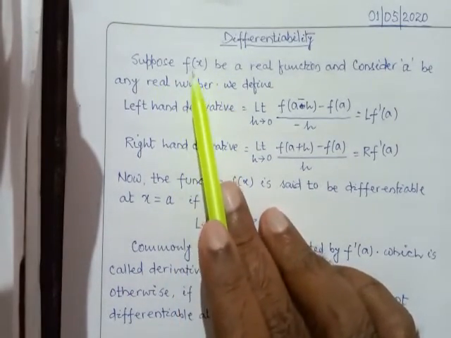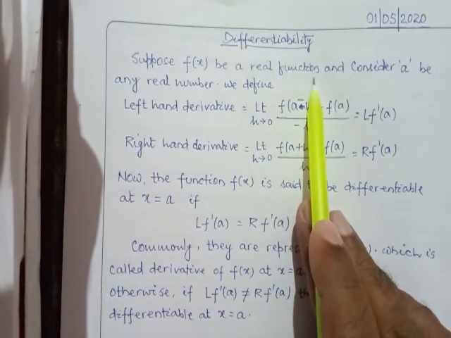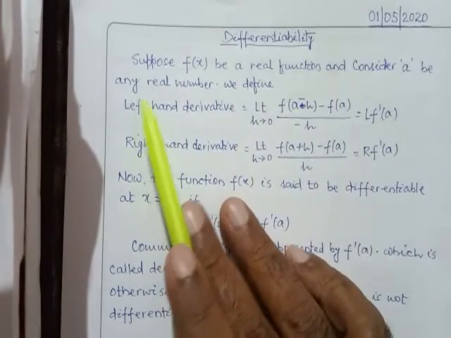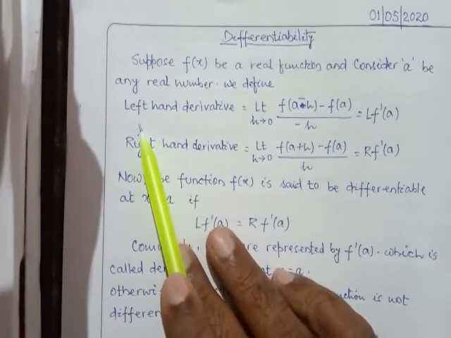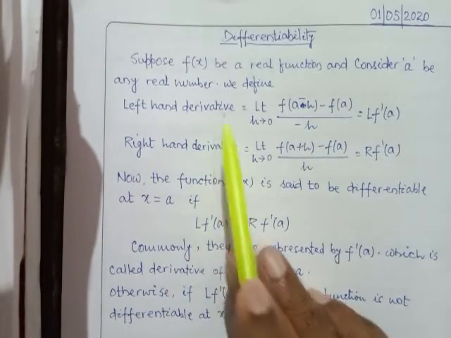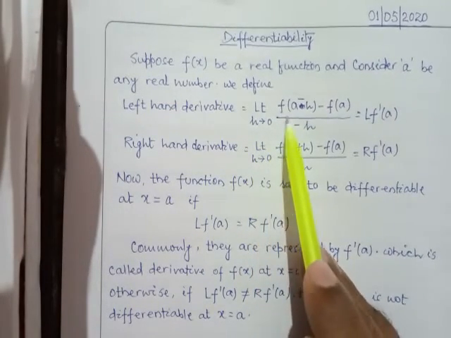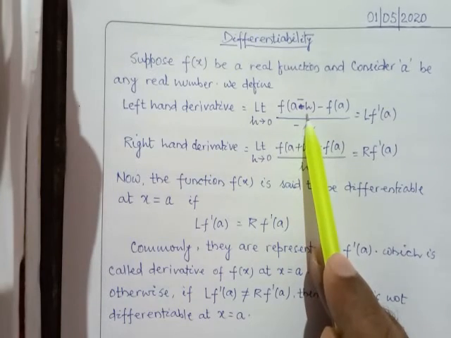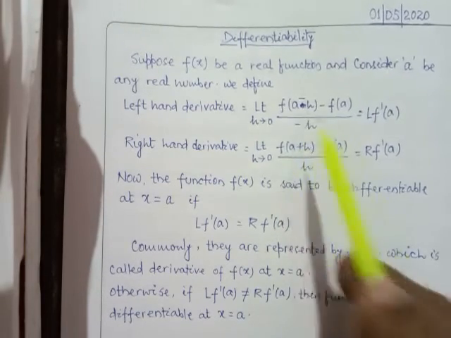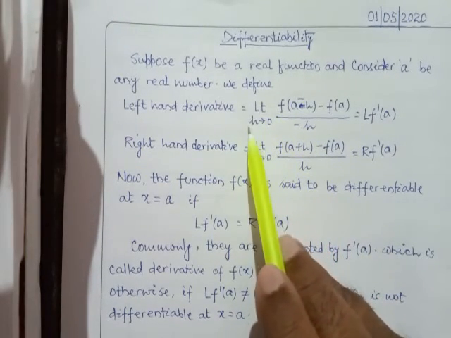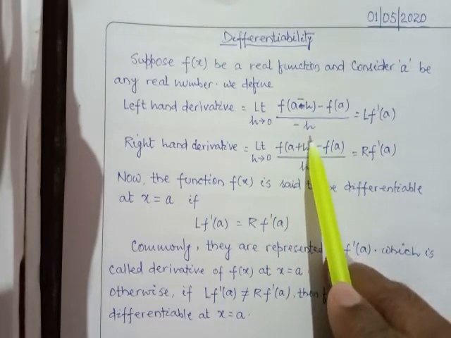Suppose f(x) is any real valued function and a is a real number. First we define the left hand derivative. Left hand derivative means limit h tending to 0 of f(a minus h) minus f(a) upon minus h.